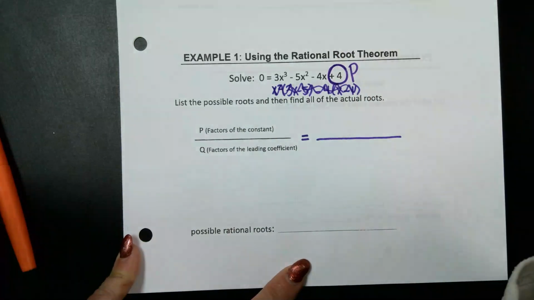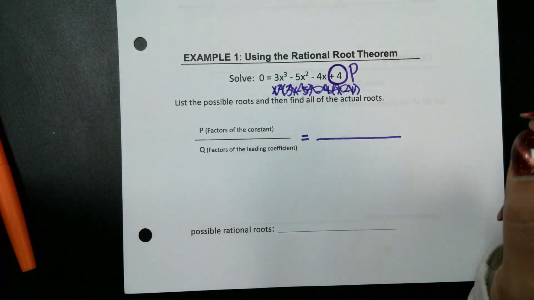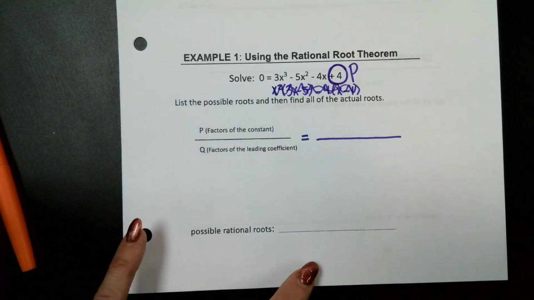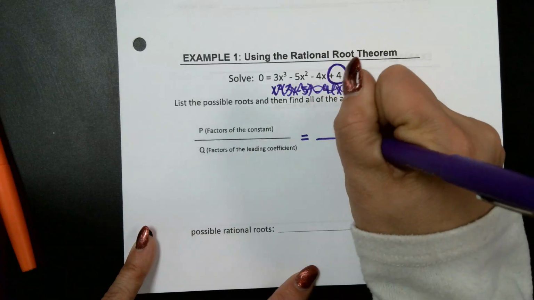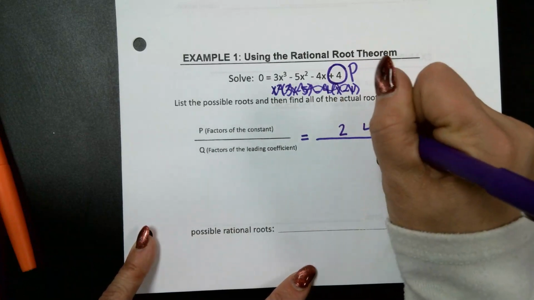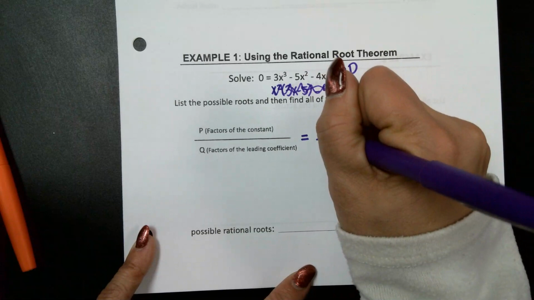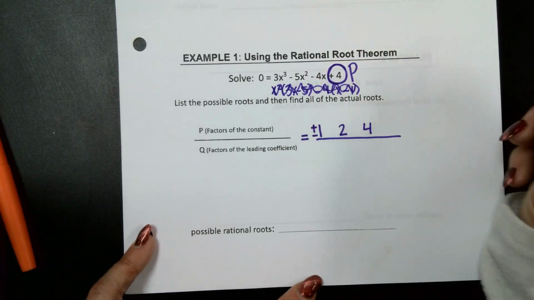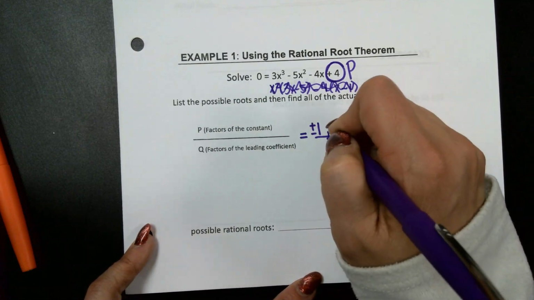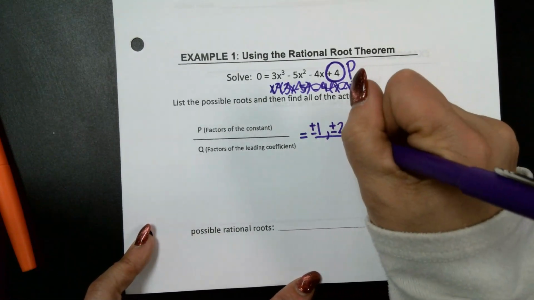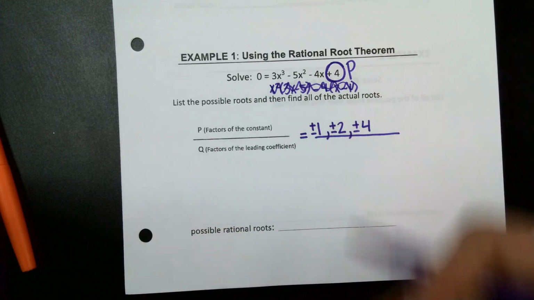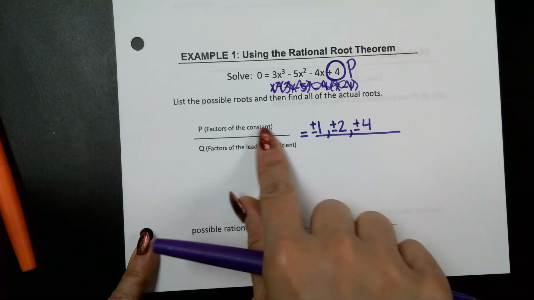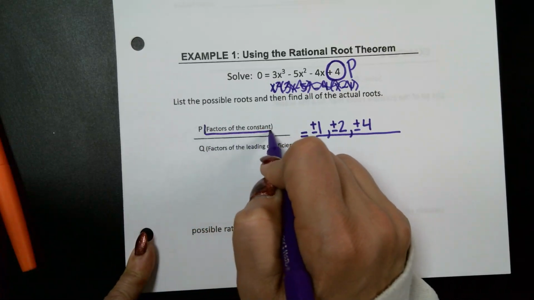Tell me the numbers that are factors of 4. 2, 4, and 1. We have positive and negative 1, because they're all going to have plus or minus with them, positive and negative 2, and positive and negative 4. Those are all the factors of 4. So factors of the constant go up top.